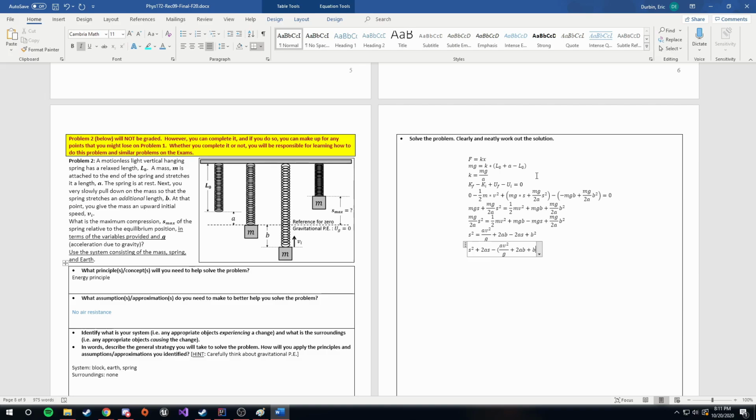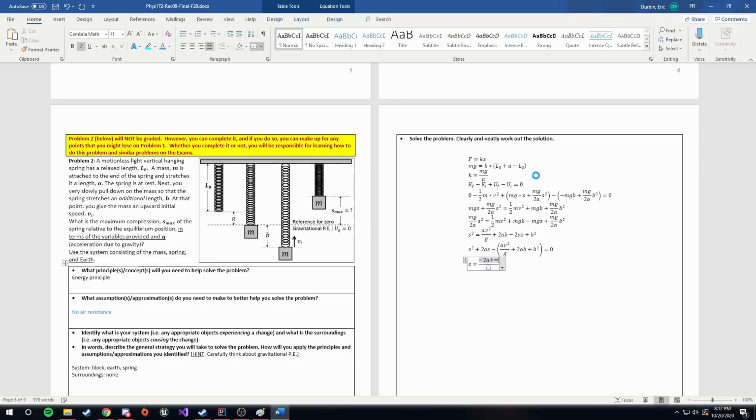Ooh, dang it. Okay. A lot of emotions there. S equals, this is going to be a doozy. Oh my lord.